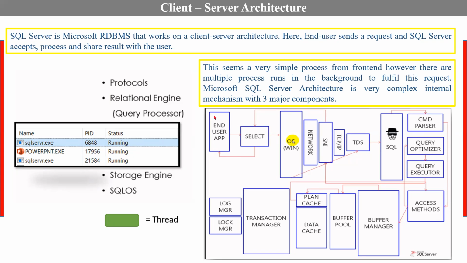Now we'll see one by one, sir. Don't be in a hurry. Under the relational engine, these three components are very important: command parser, query optimizer, query executor. All of this falls under the storage engine: access method, buffer manager, buffer pool, plan cache, data cache, transaction manager, log manager, lock manager.